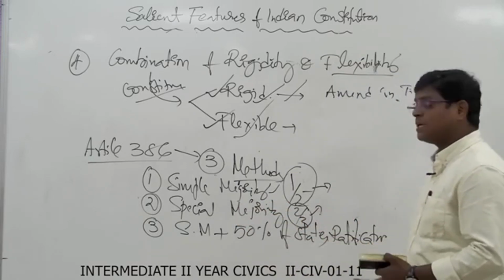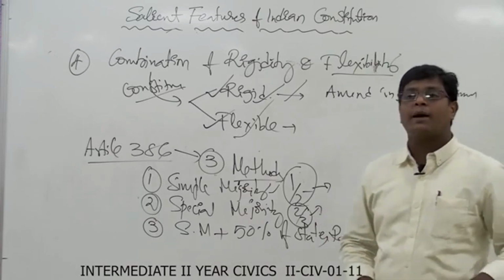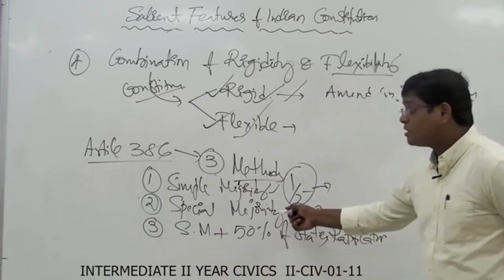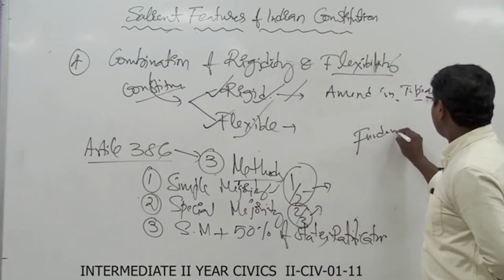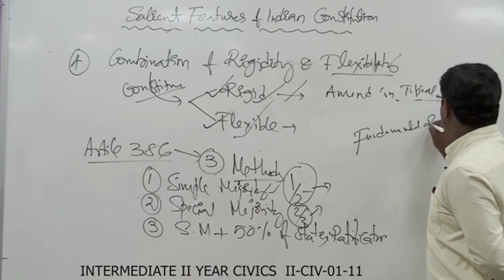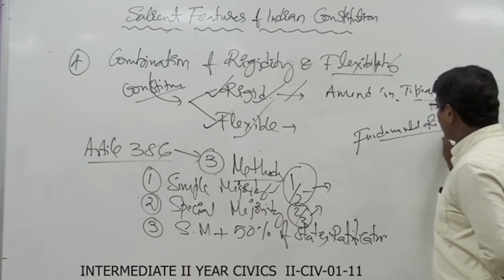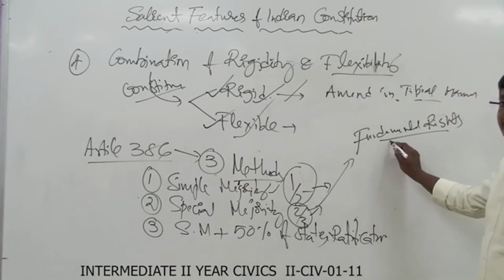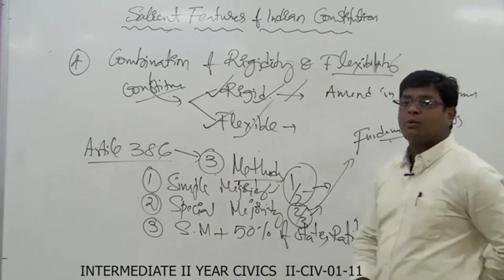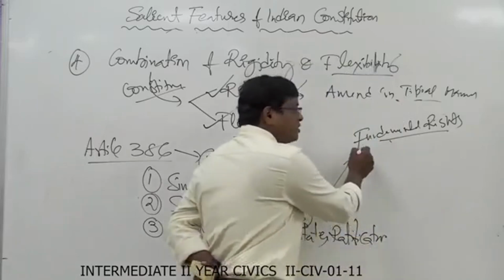Here, two-third majority. What are the important provisions to amend under special majority? Fundamental rights. While amending the fundamental rights, it requires a two-third majority.